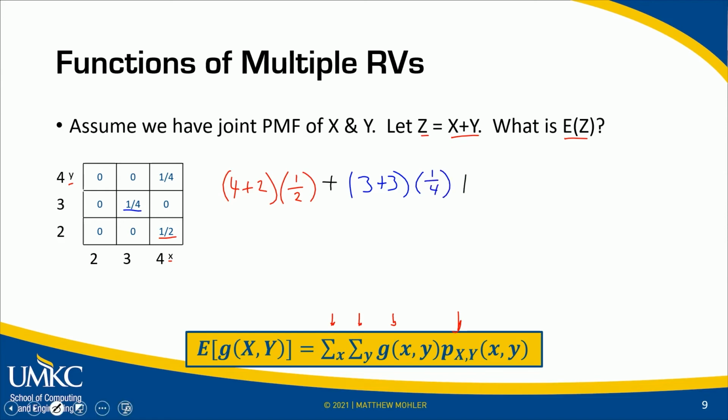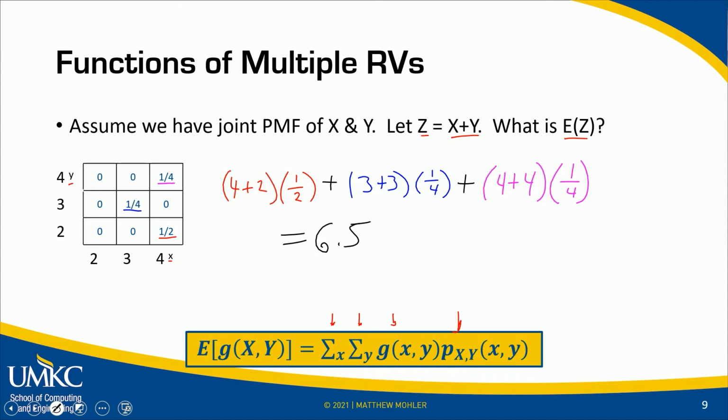Then finally, we're going to add this last term, this 1/4 up here at 4 and 4 as our xy coordinates. So we would say that now we're going to add 4 plus 4. And again, multiply that by the probability of that intersection, which is 1/4. Now, when we sum all of these together, we find that this is equal to 6.5.